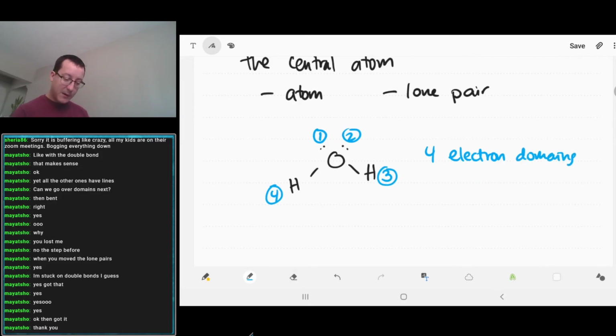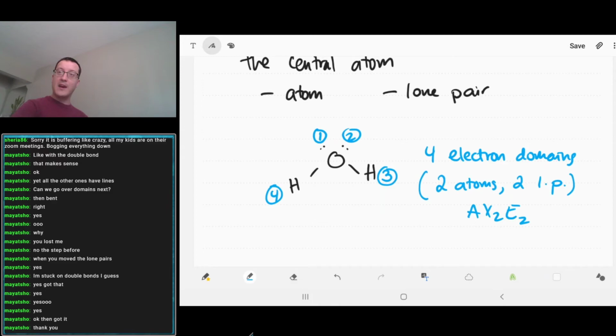If we wanted to be specific, we would say that it has 2 atoms attached to it and 2 lone pairs. Using our abbreviation, that's AX2E2: 2 atoms, 2 lone pairs.